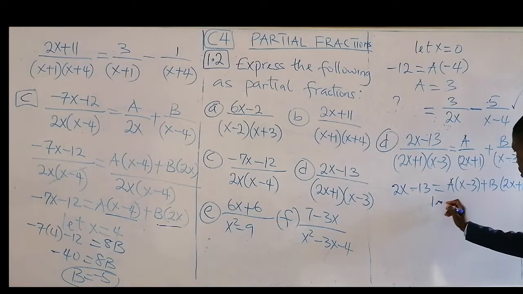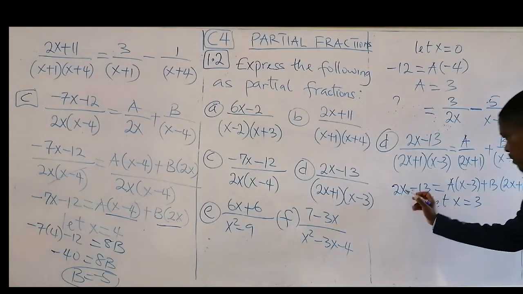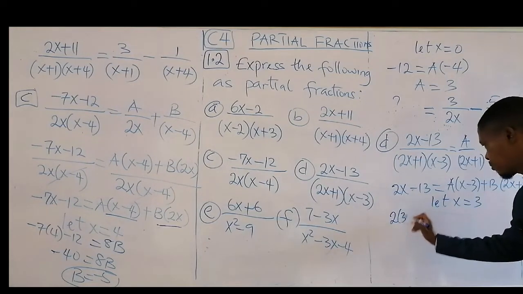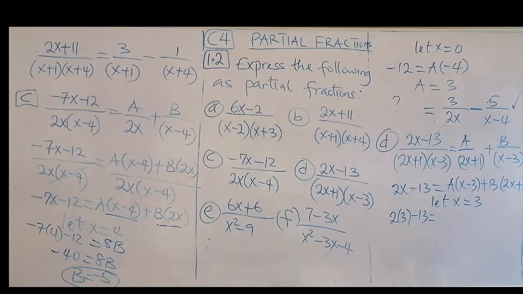So let x be 3. So we have 2 times 3 minus 13, which is equal to 6 minus 13, that's 7, equal to, here we're going to have b times 2 times 3, that's 6 plus 1, that's 7. So b is 1.